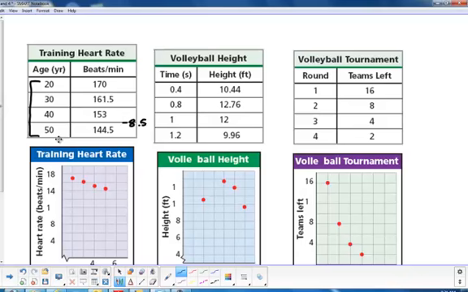And if we do 153 minus 161.5, we get negative 8.5. And if we do 161.5 minus 170, we get negative 8.5. So this is for sure linear. The slope is not negative 8.5 because that's every time x increases by 10. So the slope is actually negative 8.5 divided by 10, which is negative 0.85.